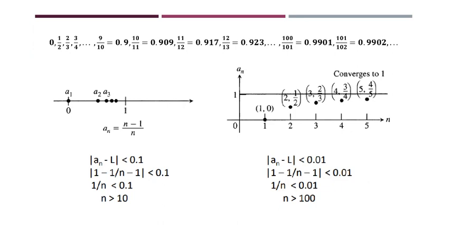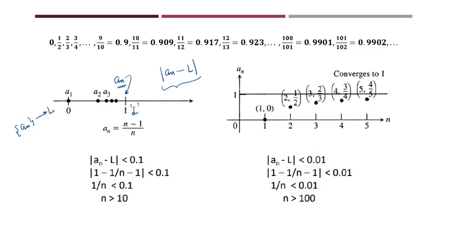I am saying that I can put this term a_n very close to this one, where 1 happens to be the limit of the sequence. I am saying that this a_n is converging to L. So I can make this difference between the terms of the sequence and this limit L small enough, as much as I want.